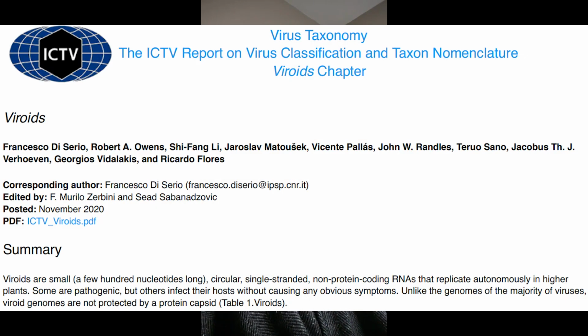But anyways, I have here the International Committee on Taxonomy of Viruses. ICTV is a really great resource for viruses and viroids in general. But since we're talking about plant viroids, they're great for that too. They have a lot of information, and they keep pretty up to date, in my opinion, on the taxonomy and classification of these replicons.